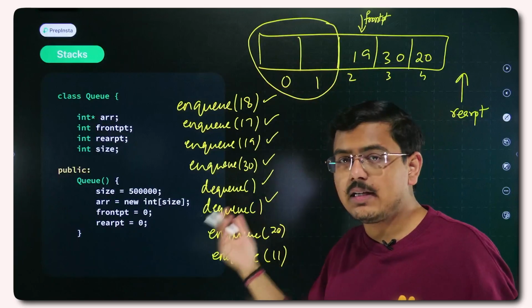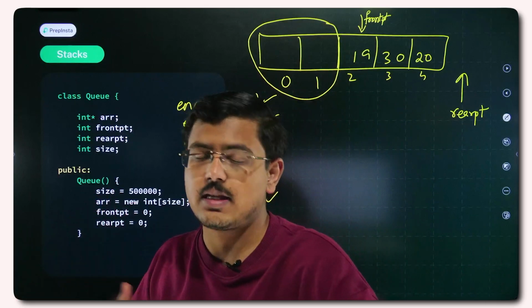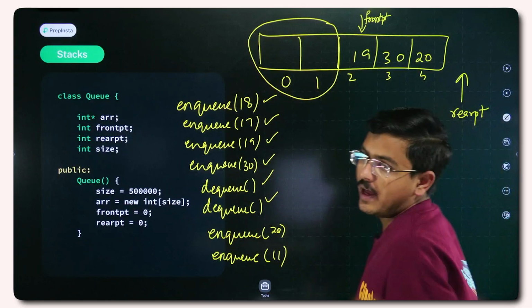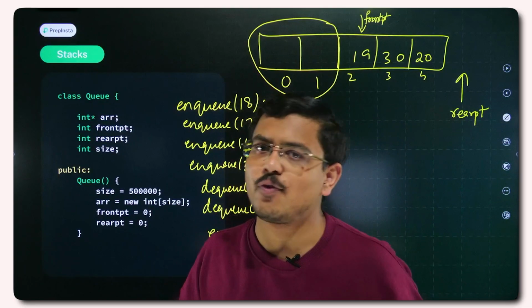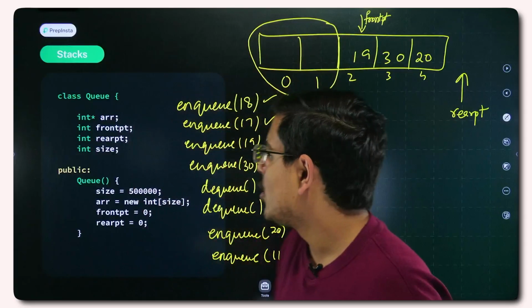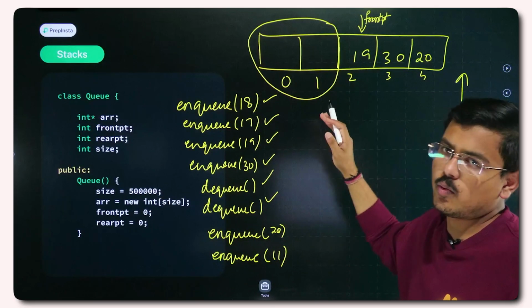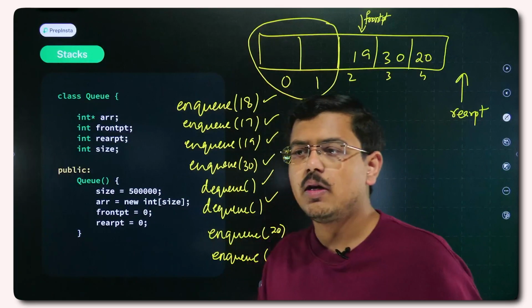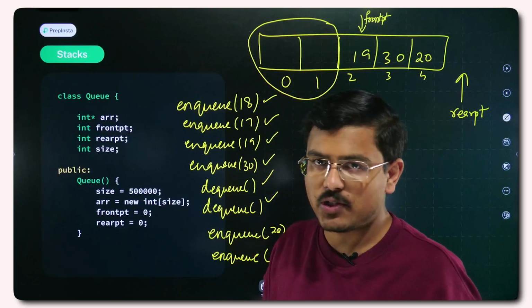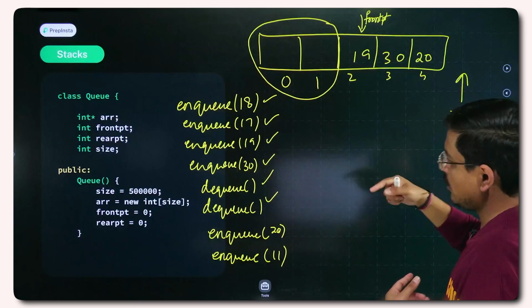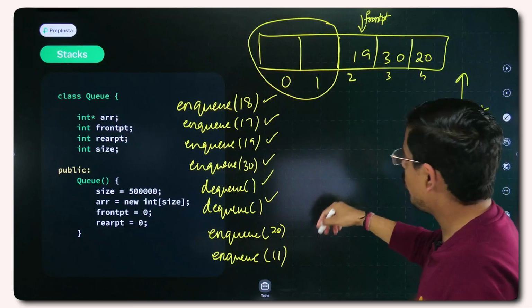The capacity of Q is 5, but it is actually holding only 3 values and still it says it is full. So this is a limitation that we encounter while implementing queues. Now, for handling this limitation, one thing we did was, when I start dequeuing, I do further more dequeues.